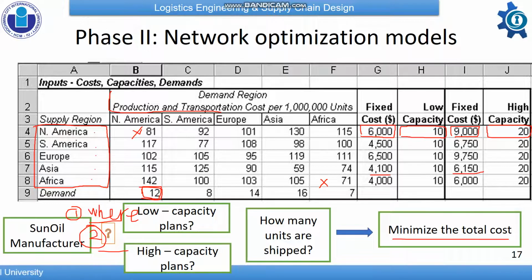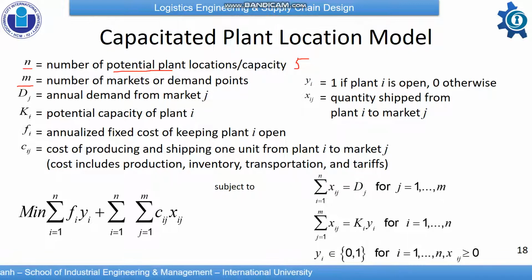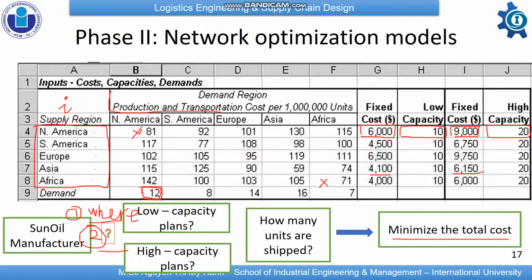Okay, and I will use the index i for this. And M is the number of markets. So how many markets do we have here? We also have North America, South America, Europe, Asia, and Africa.